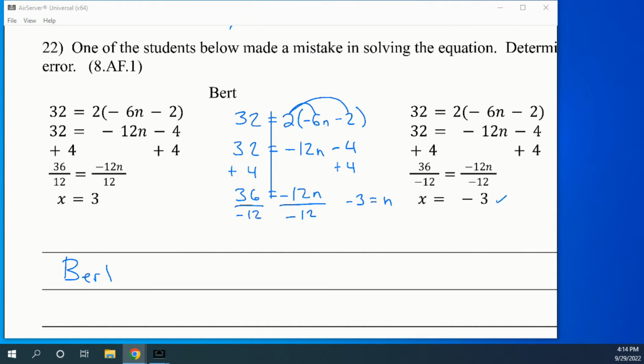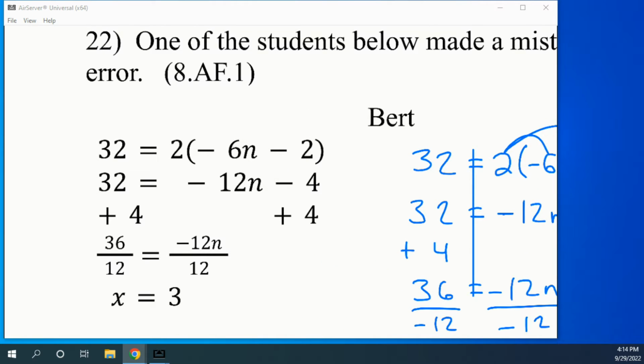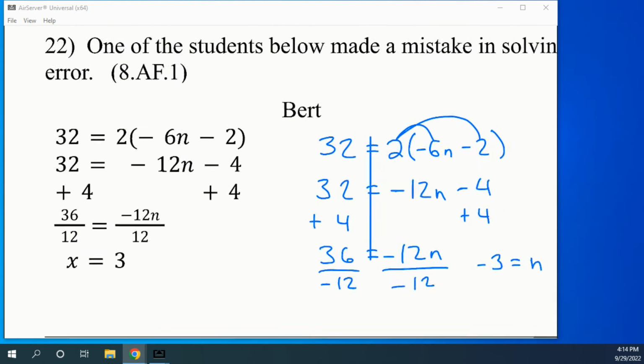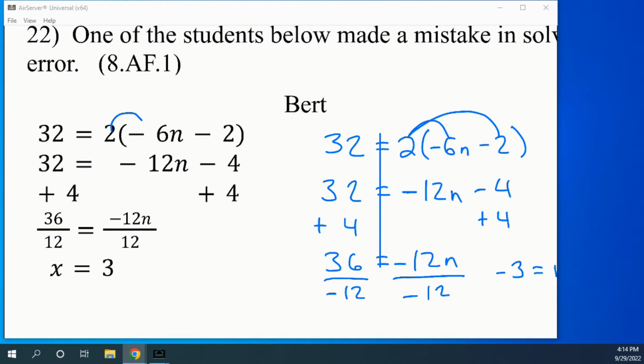Let's see. Bert made a mistake by, let's see. Yeah, I can show my work here. We distributed first. Okay.